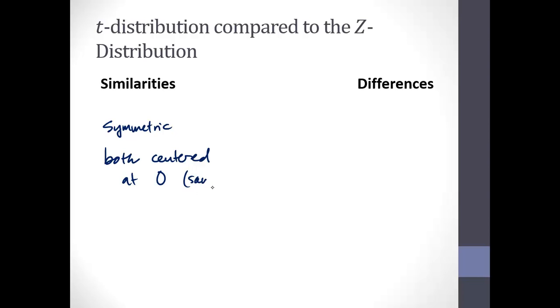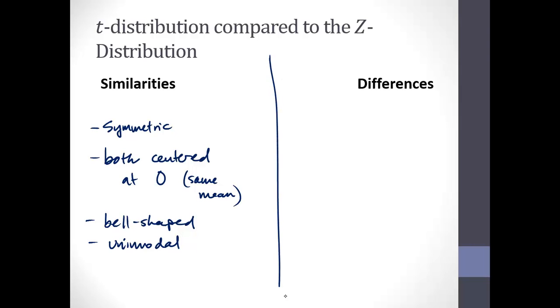They have the same mean. Very good. And we can also say they're both sort of bell-shaped. They're both unimodal. All those things that we like to talk about when we're talking about shape. So that's how they're similar.